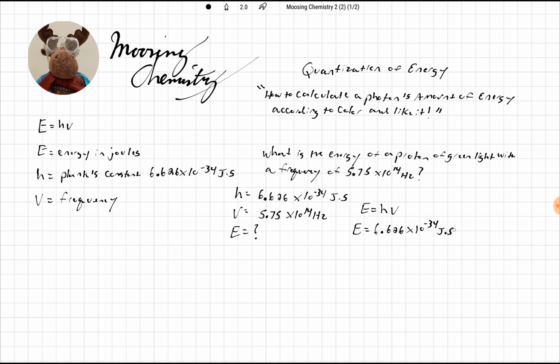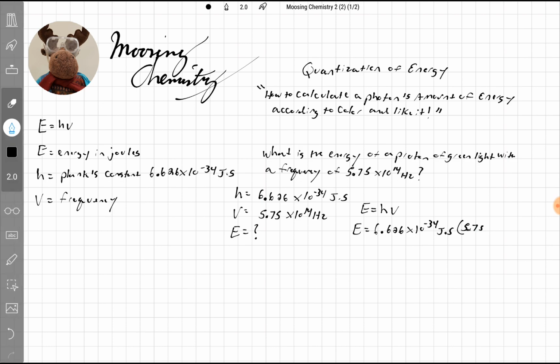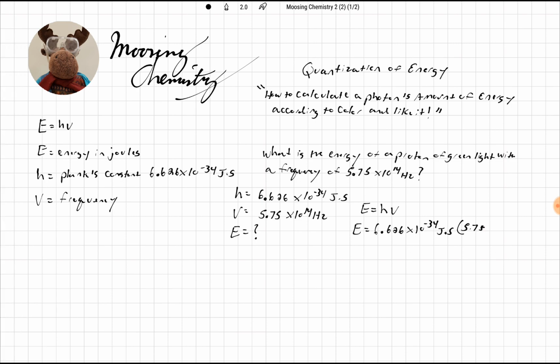And we're going to multiply that by our frequency, which is 5.75 times 10 to the 14 hertz.